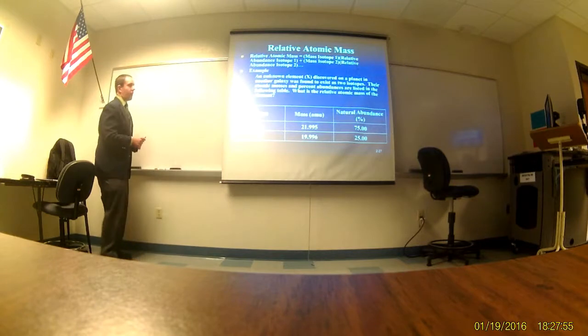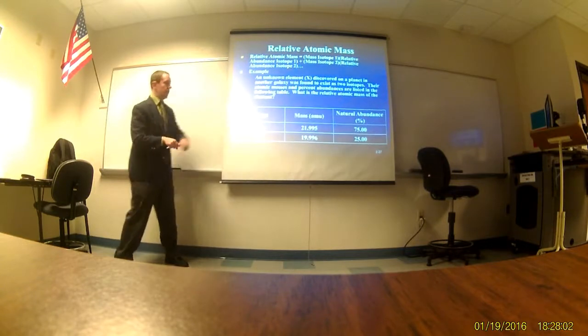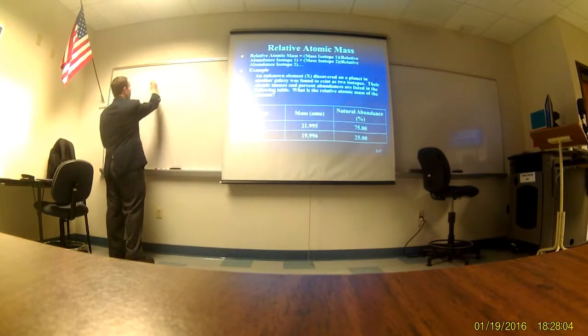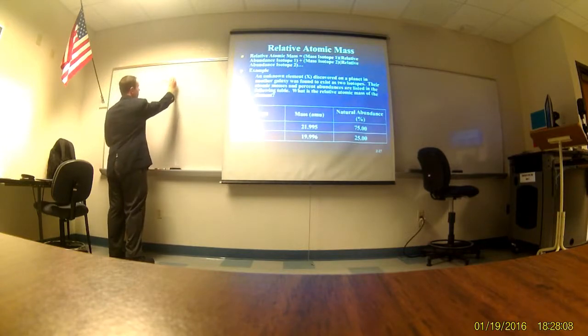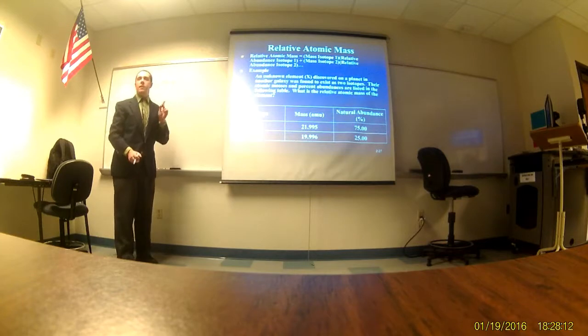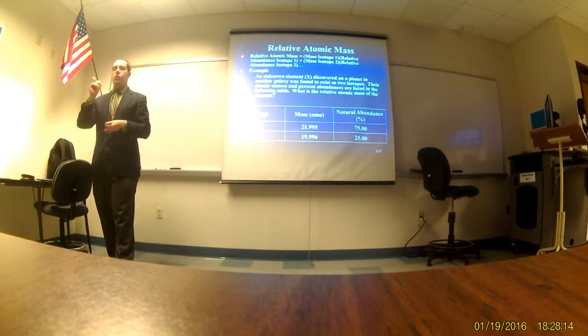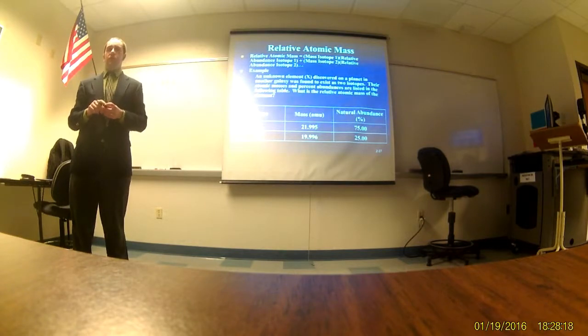So in order to get our average, all we do is take the mass of isotope 1, and the mass is given to us as 21.995, multiplied by the percentage, 75%. Now you don't put 75% into your calculator.